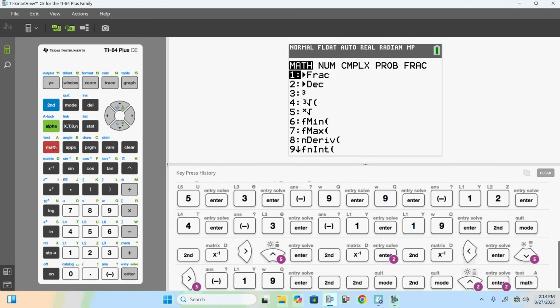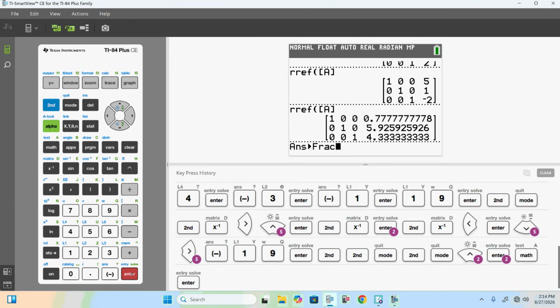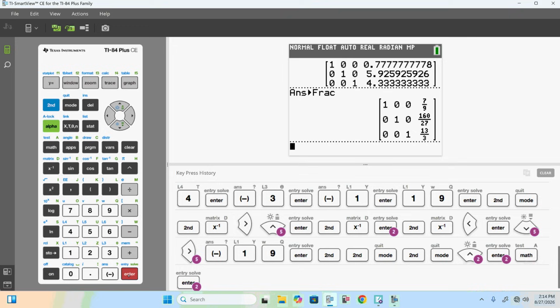Math. If you notice the first one, FRAC, fraction. If I select it and say enter, it will convert those decimals to fractions. One of them, on the homework, might be fractions.